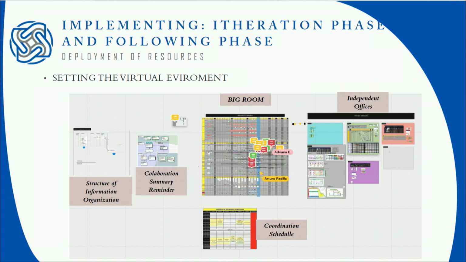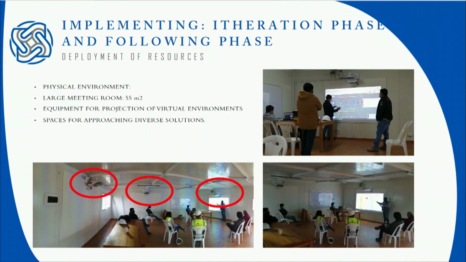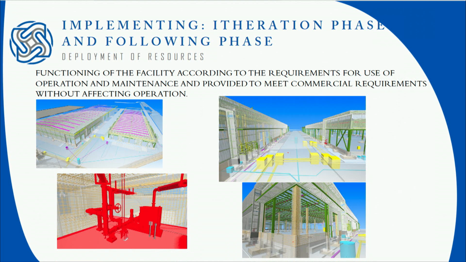So the implementation phase was first setting the environment, the virtual environment, setting the physical environment, so people that were in the field and not in the field could collaborate. We also set the BIM model, the ECD, the common cloud environment, and we also set the simulation programs to do this.